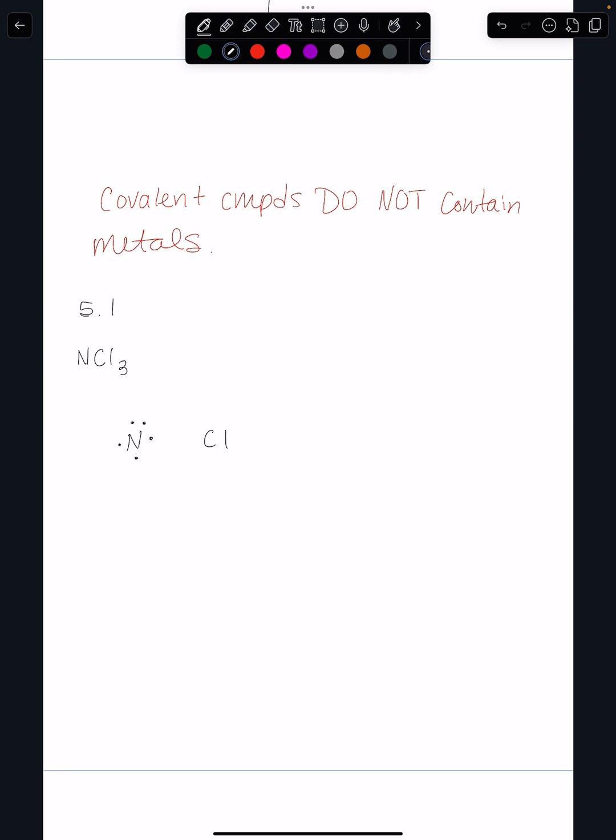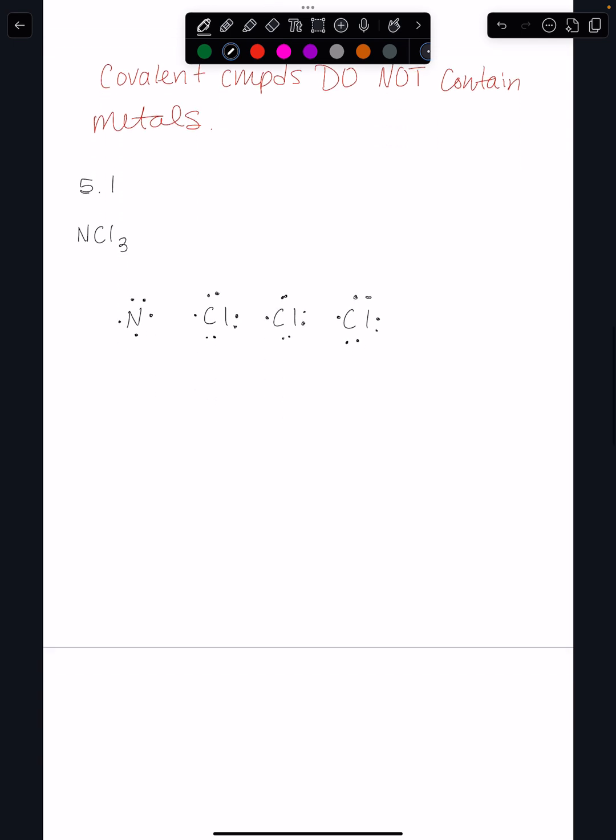Chlorine has 7, and there's 3 of them. All right, so remember the one in the middle is going to be the one with the most spaces to put electrons. So this one has 3 spaces and all the others only have 1. So that would mean nitrogen goes in the middle.